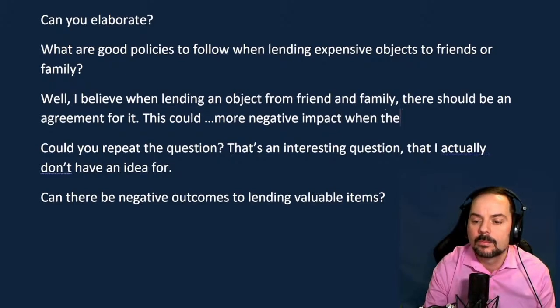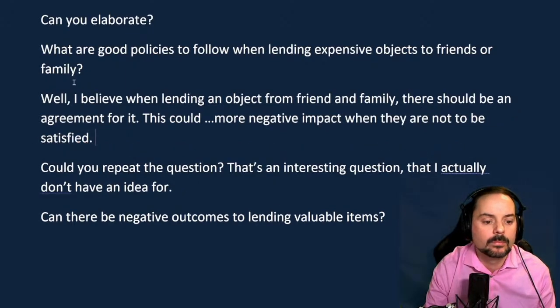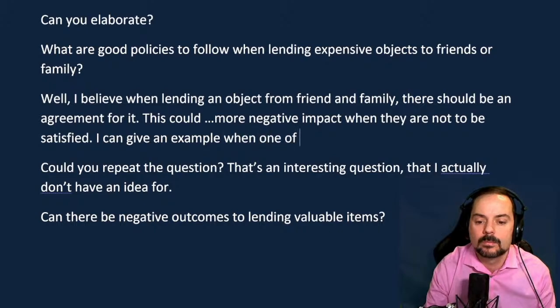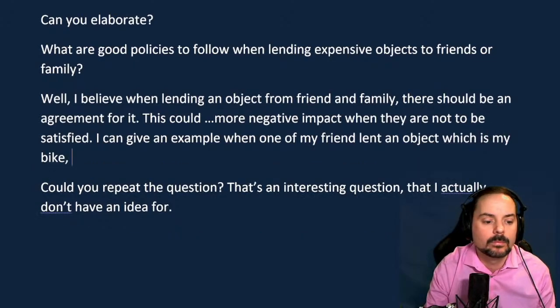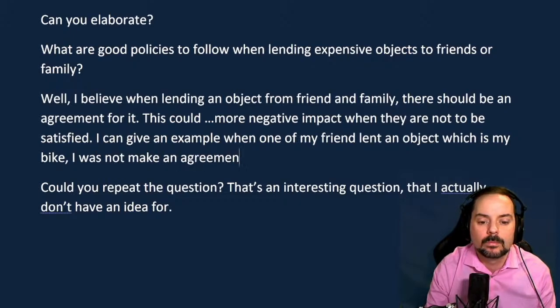And I can give an example that last time someone of my friend lent an object, which is my bike, and I was not make a agreement because we are close. So he broke my bumper of my bike, and it took me $50 to refurbish.